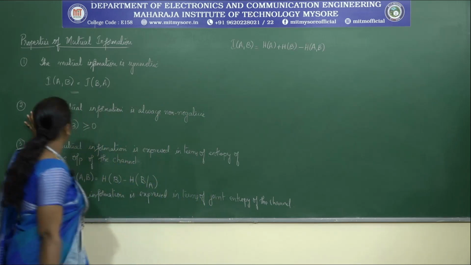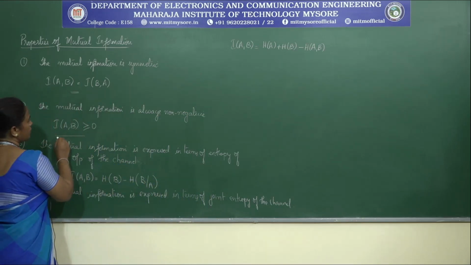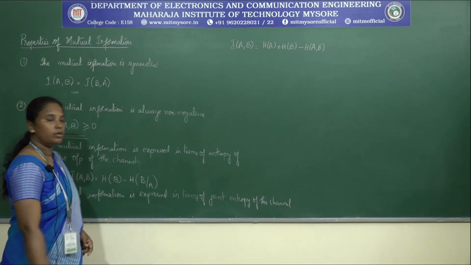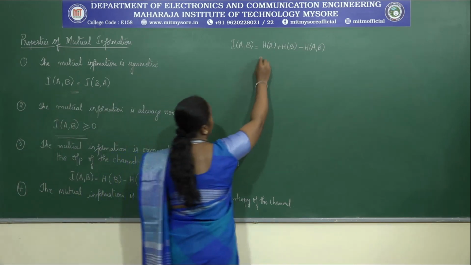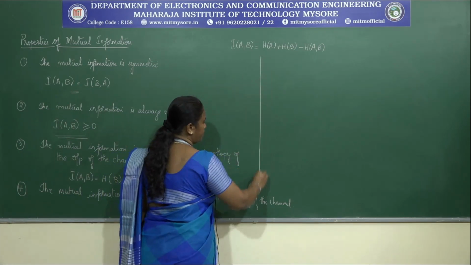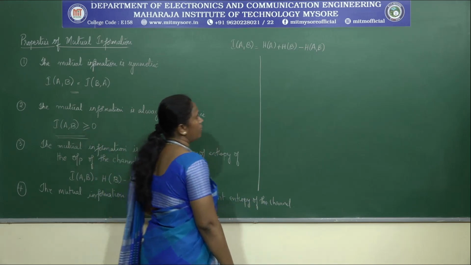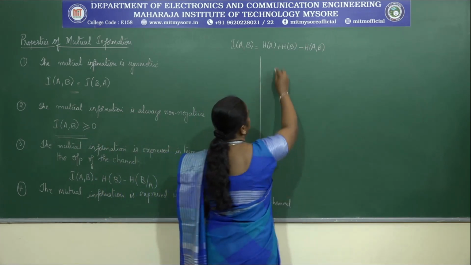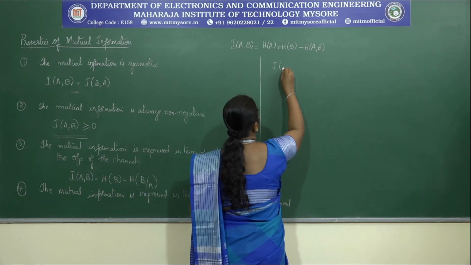Now let us prove that the mutual information is always non-negative, that means I of A comma B is greater than or equal to 0. What is the mutual information equation?